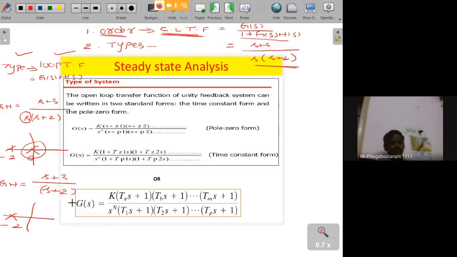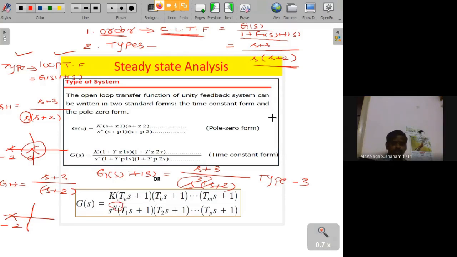If you take a third example, g of s, h of s equal to s plus 3 divided by s cube, s plus 2, this is a type 3 system because the number of poles at origin is 3. With s power n, it is a type n system.